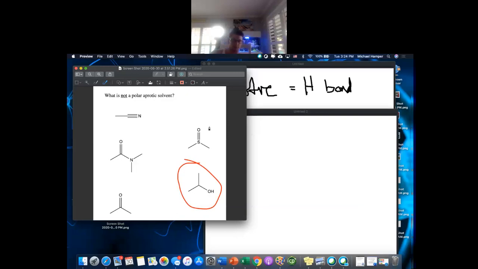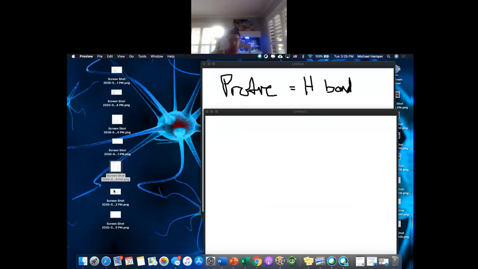So this one is aprotic. Here again, this nitrogen is attached to carbons. This oxygen doesn't have hydrogens, and so there's no hydrogen bonding occurring in this. This is aprotic. This is just a ketone. There's no hydrogens attached to something electronegative, so it's aprotic. And again, with the same thing here. So hopefully that made sense, because I've seen that show up on bonding, and I don't want you to miss it.